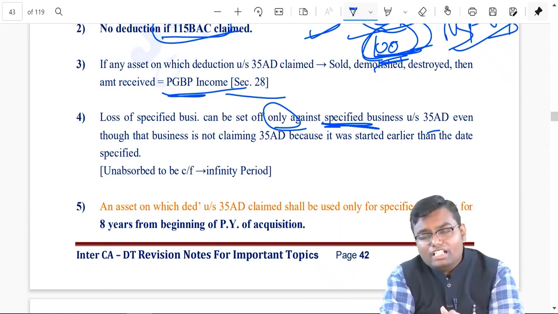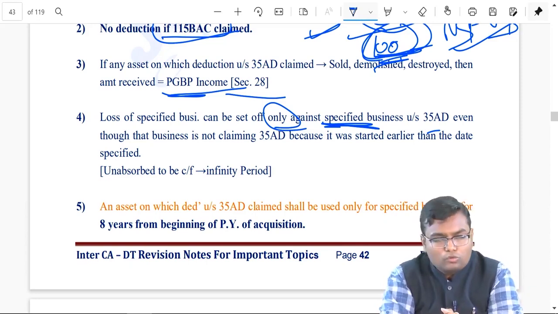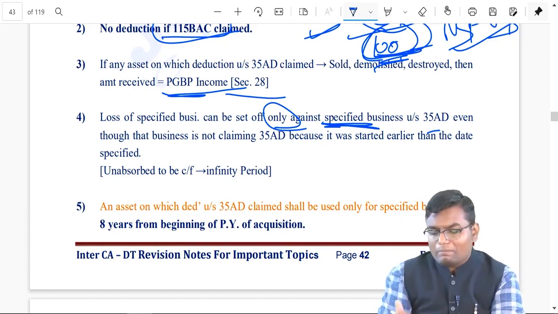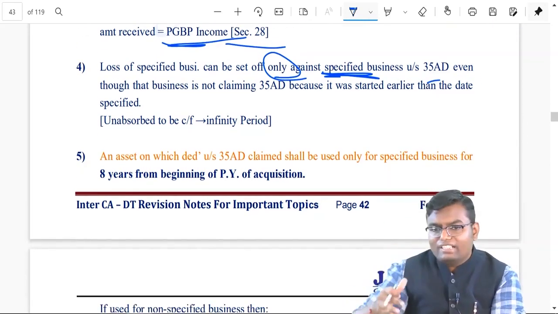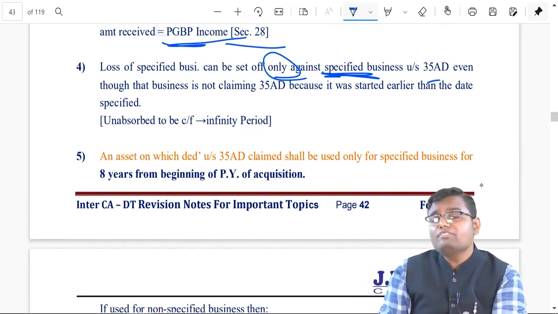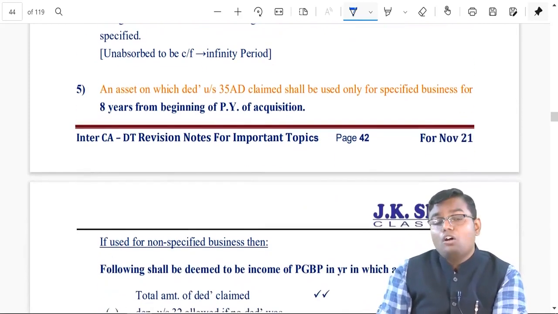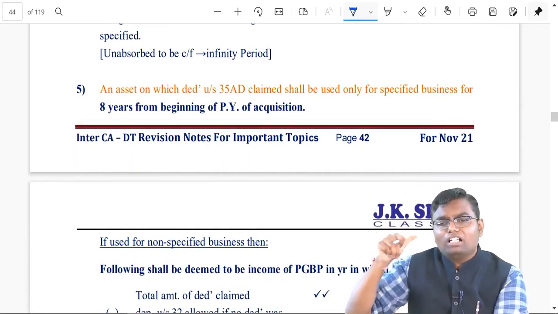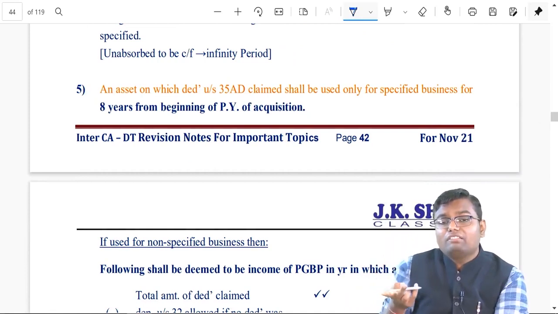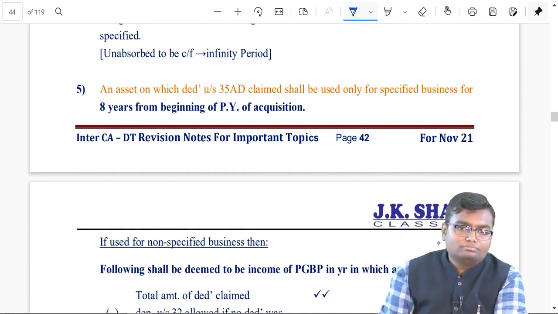So, the year in which you purchase the asset, compulsorily up to 8 years, you have to use it for your specified business. If you are transferring it to any non-specified business in any of these 8 years, the year in which you transferred the asset, whatever deduction you have claimed earlier under section 35AD, it will be added back to your income.